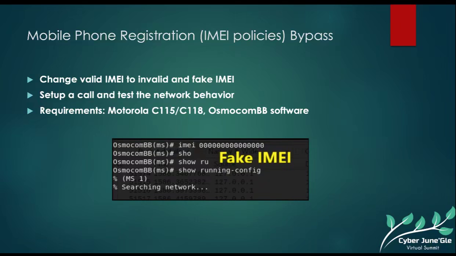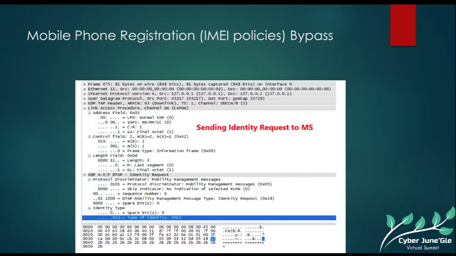As you can see in this screenshot, the network sends an identity request to my phone, and the type of identity was IMEI. So I should reply with a valid IMEI number.